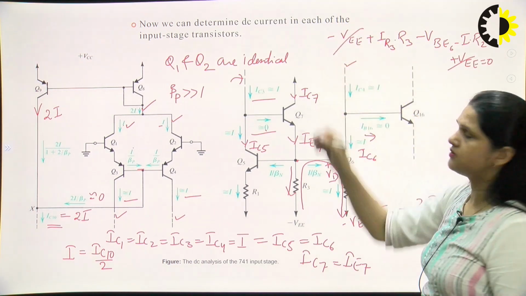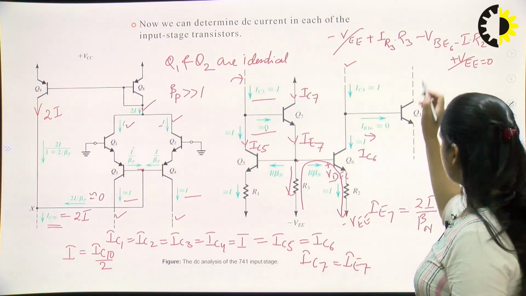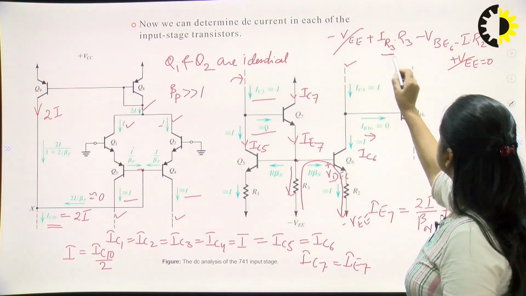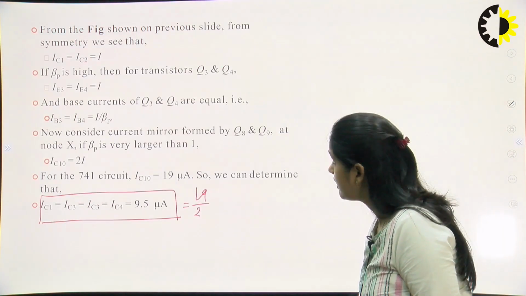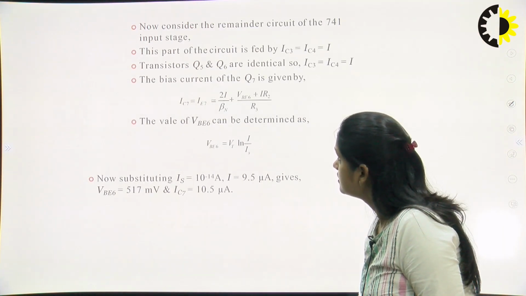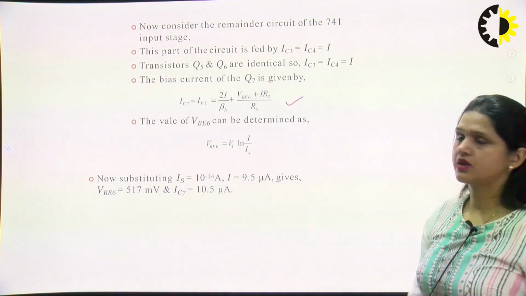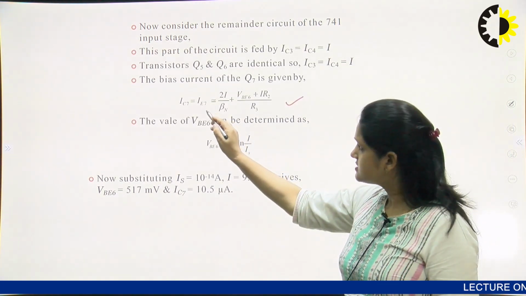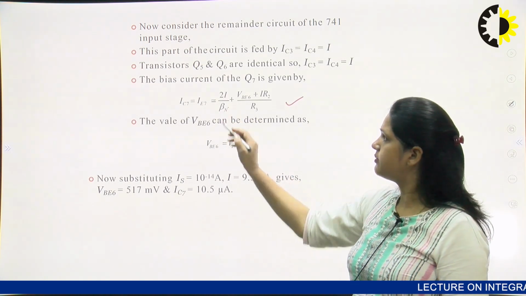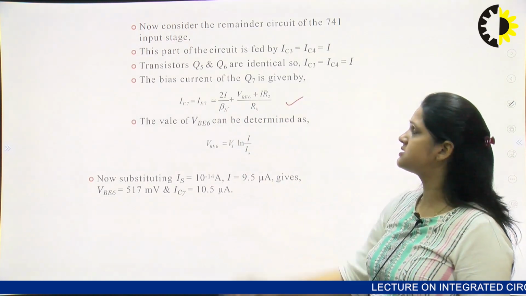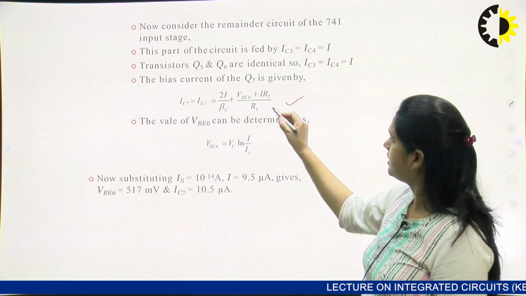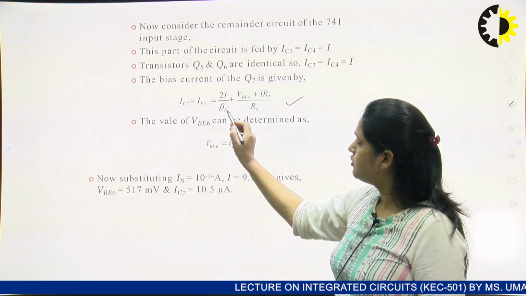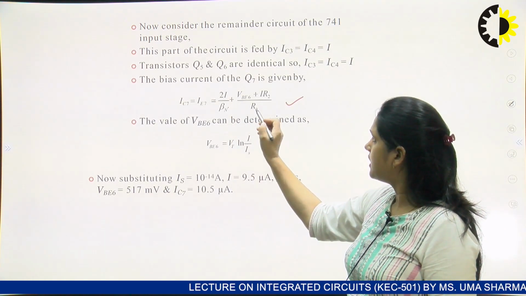So these two terms will cancel out. From here you can calculate the value of IR3. So IC7 equals IE7, and that is nearly equal to 2I by beta n plus VBE6 plus I R2 divided by R3. In this equation, we know the value of beta n, we know the value of I, R3 and R2.